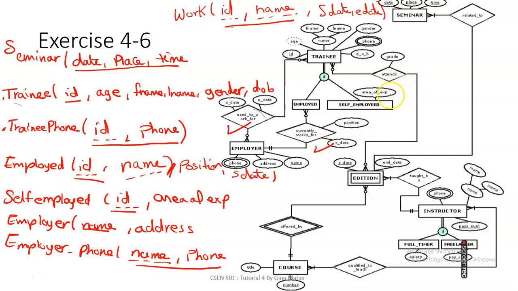Let's move to the other relation, which is trainee and addition. It's a many-to-many relationship. So we can, for example, state a relation called attempt. Take the primary key of trainee, which is ID, as a primary key and as a foreign key, and the primary key of the addition, which is a weak entity. So its primary key is the primary key of addition plus course, which in this case will be start date, end date, and number.